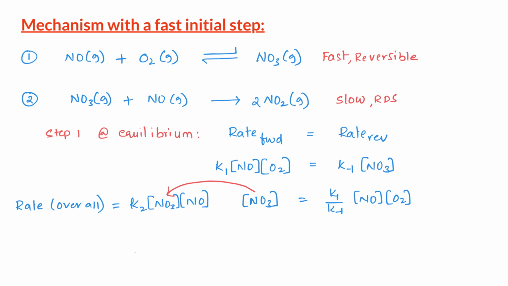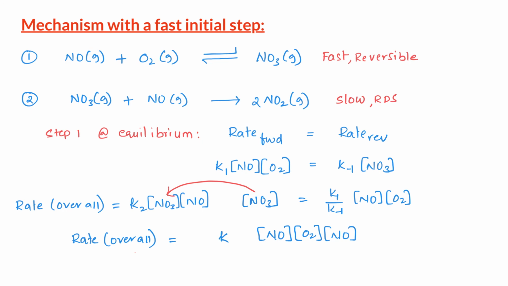Rate overall is equal to K2 times K1 over K minus 1 times concentration of NO times concentration of O2 times concentration of NO. Let us assume that the product of all these constants K2 times K1 over K minus 1 gives another constant, and let's call it K.